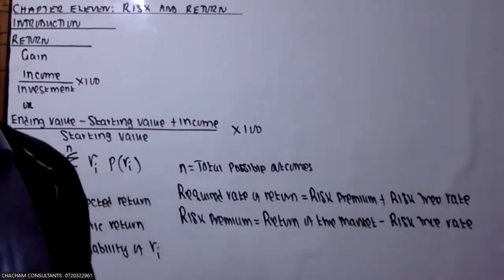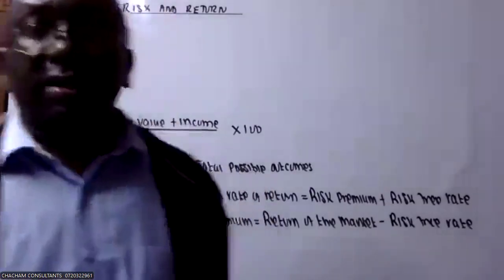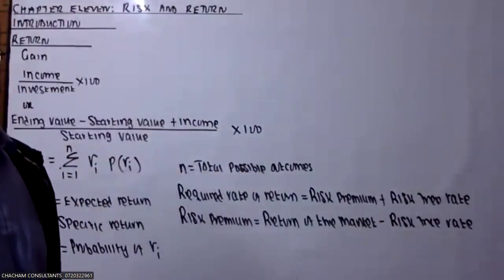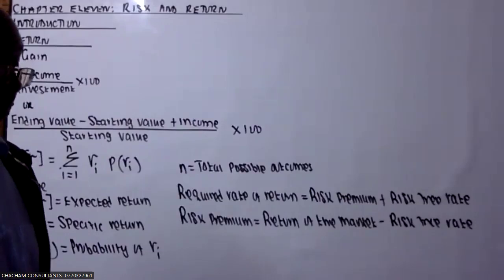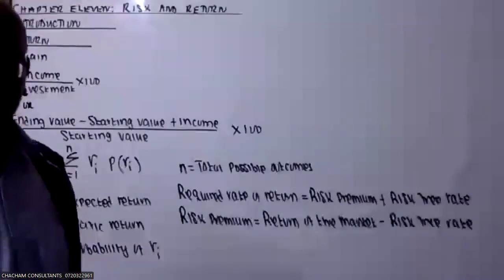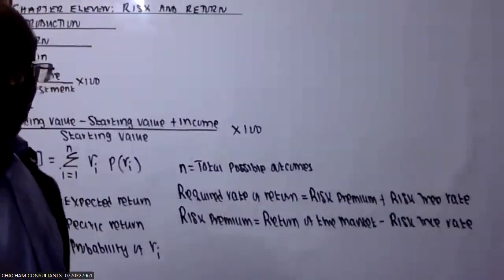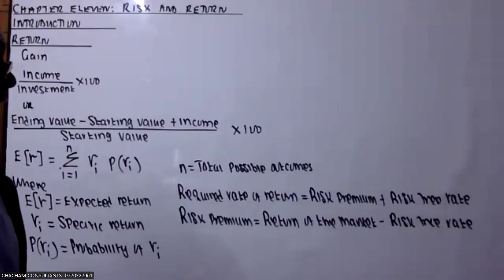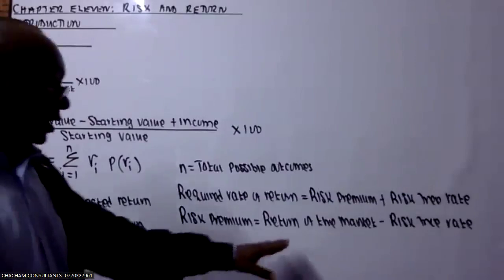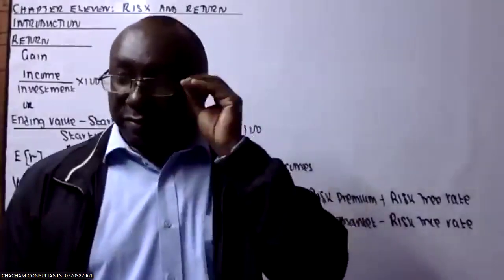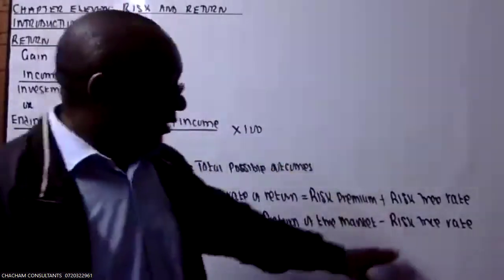So when someone wants to invest their money anywhere, they want to get a return, and that is called the minimum, the one that they want to go for them to invest in that project. In this case, we take what is prevailing in the market. What is the return in the market? You minus the risk-free.